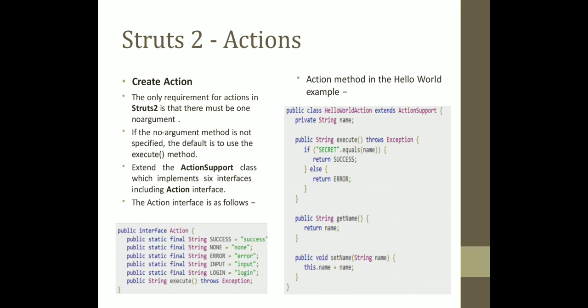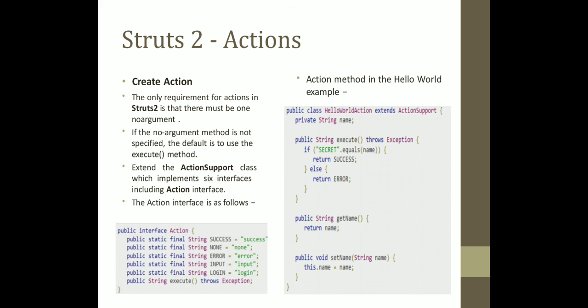And for the action method in the HelloWorld example, after implementing this we will see public class HelloWorldAction extends ActionSupport, and in that we have defined private String name, then public String execute. So the execute method throws Exception: if SECRET.equals(name), then return SUCCESS, else return ERROR.